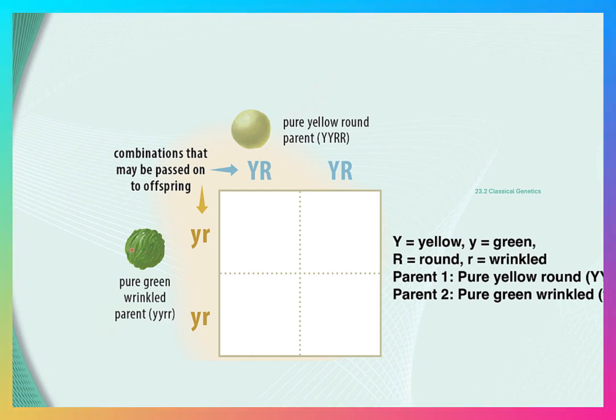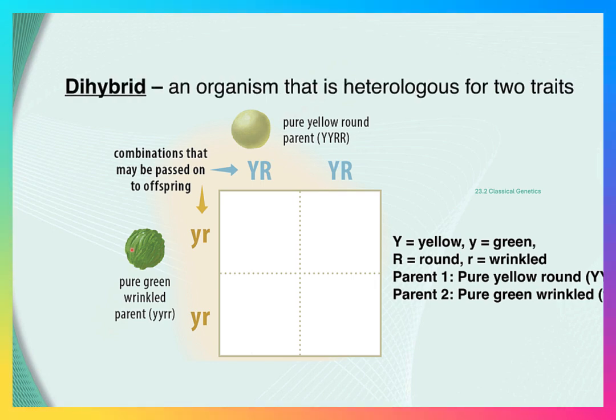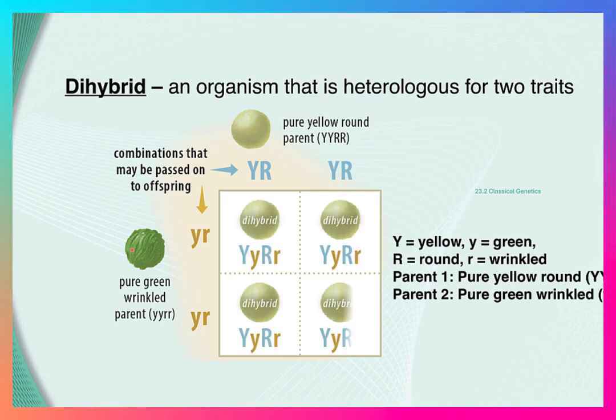parents. So when you mix these, you end up with what's known as a dihybrid, which is an organism that is heterozygous for 2 traits, which means it has both the yellow and green allele, as well as the round and the wrinkly allele in the offspring.